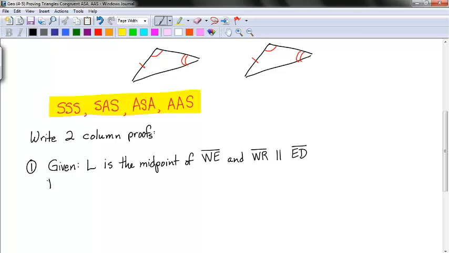Okay, what they want you to prove: triangle WRL is congruent to triangle EDL. Triangle WRL is congruent to EDL.